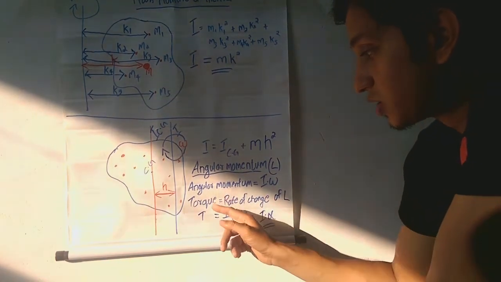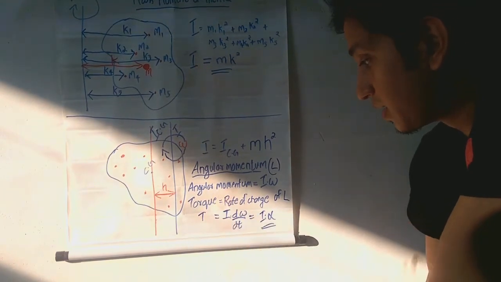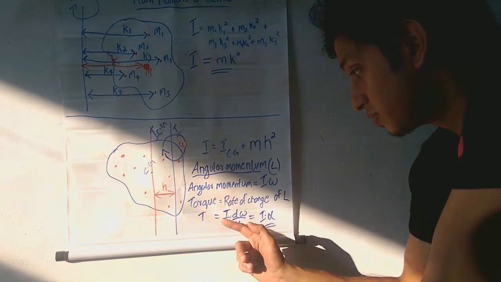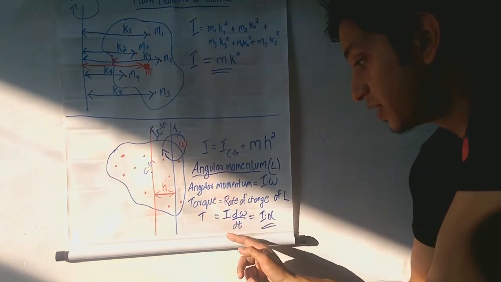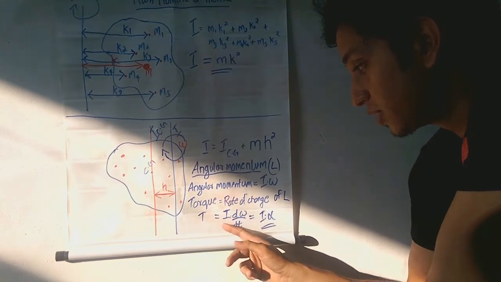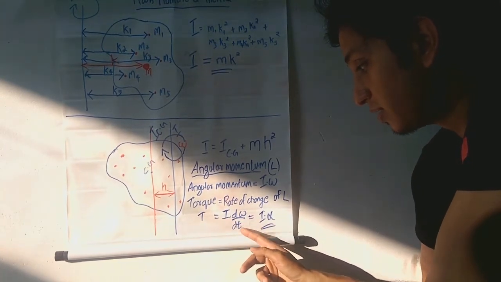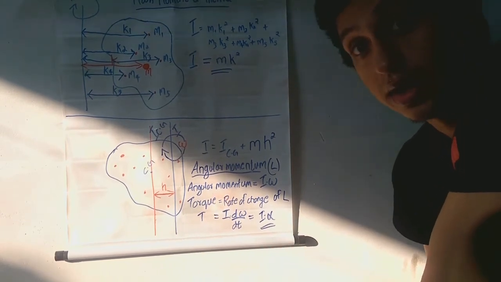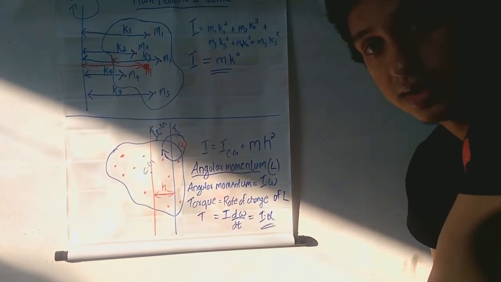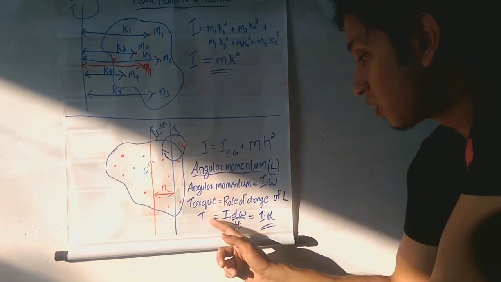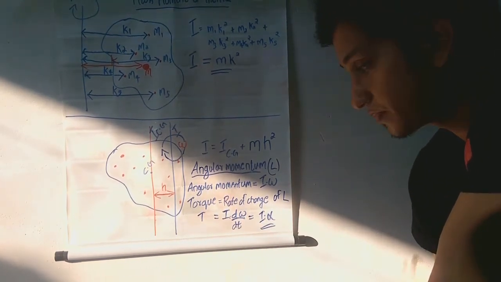Now torque is given by the rate of change of angular momentum. So torque is d by dt of I omega, which, because I is constant, will be I d omega by dt, which means I alpha, where alpha is the angular acceleration and omega is the angular velocity. So we get the equation for torque: torque is I alpha.